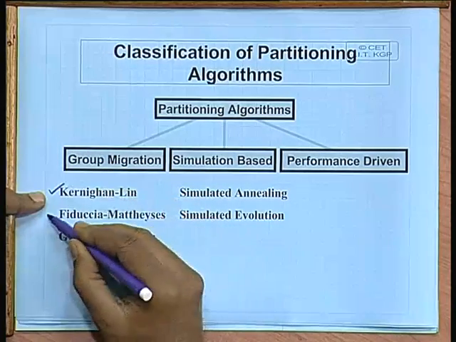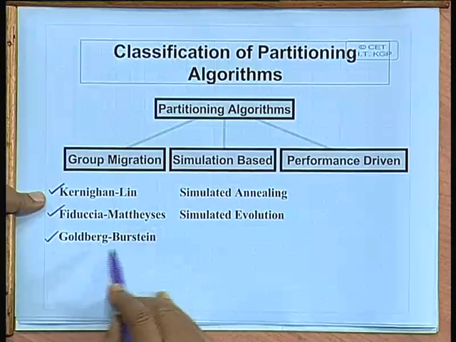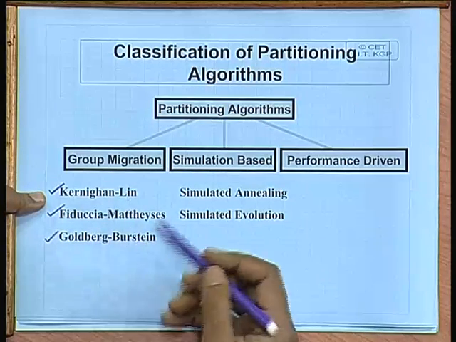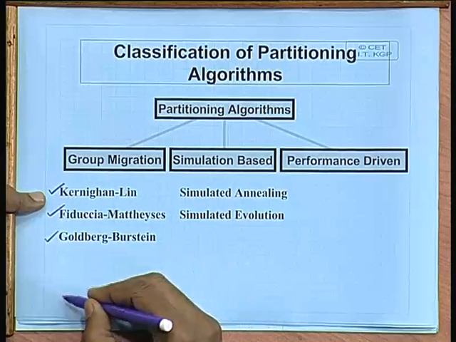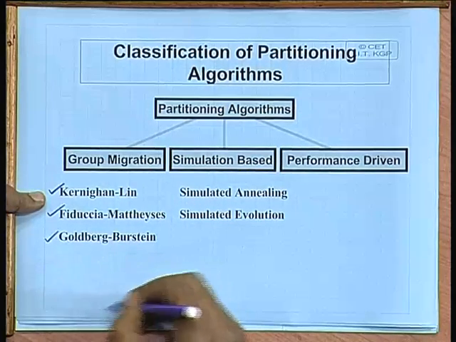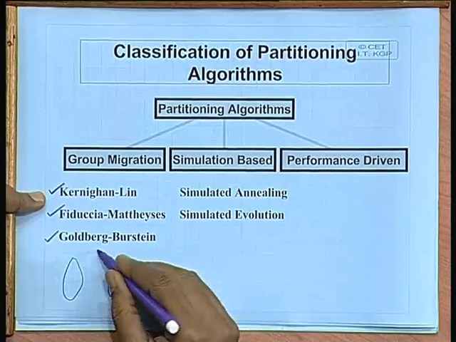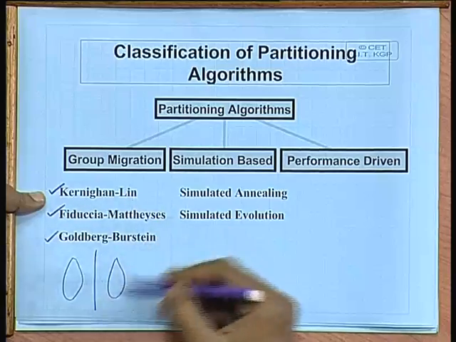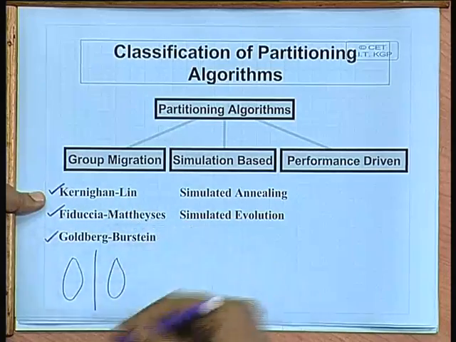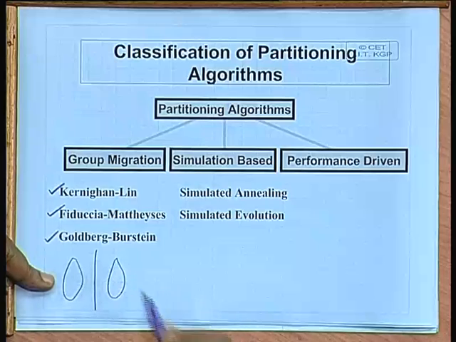Some of these algorithms we have already seen: Kernighan-Lin, Fiduccia-Mattheyses and Goldberg-Bernstein. These are the three methods which fall under this category. Given a net list, you start with an initial partition, say 2, then you try to improve upon this partition. These are all iterative improvement algorithms. There is an iterative loop, and in that loop you try to improve upon the partition.